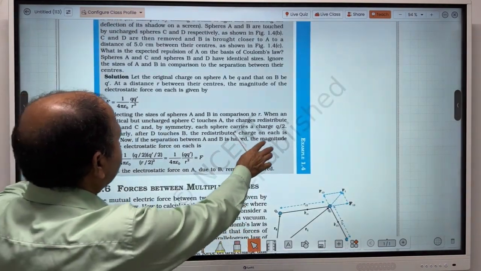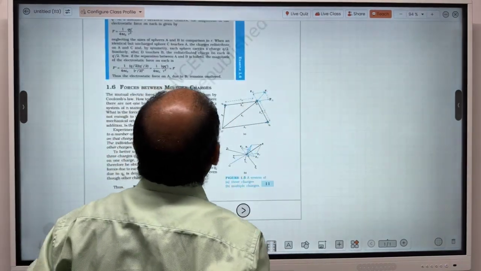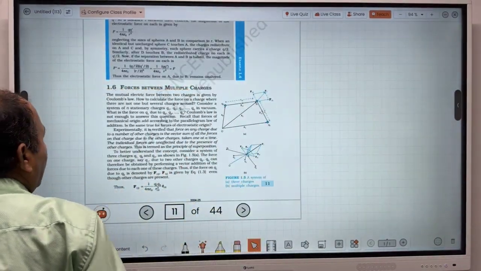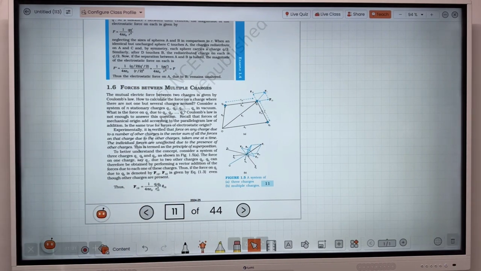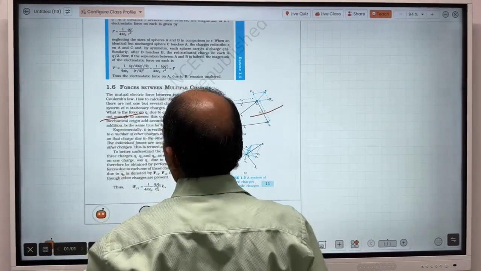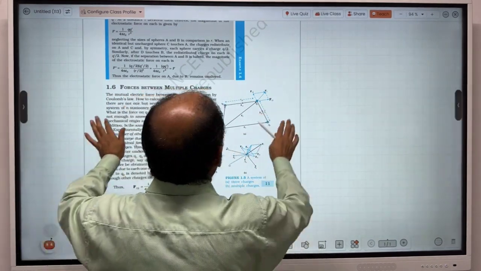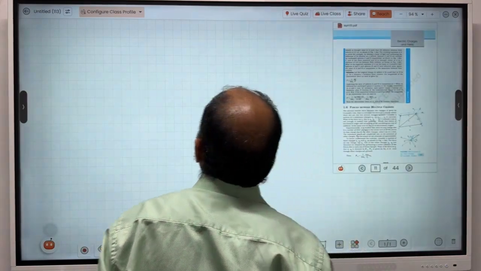Now, here, forces between multiple charges. Before going through this concept, I am going to give you one example whereby you will better understand this concept. So let's see the case.